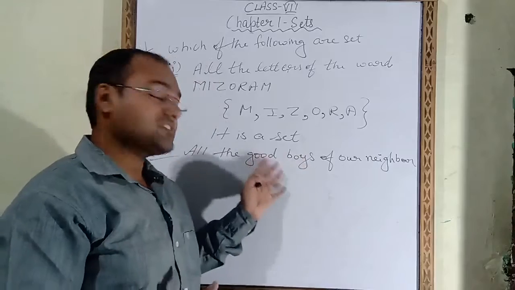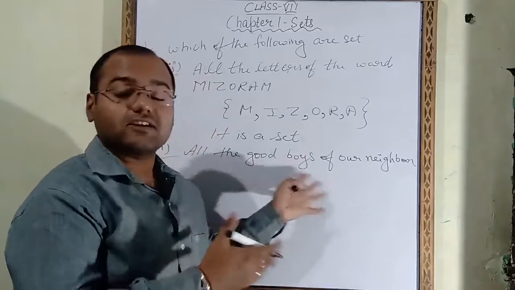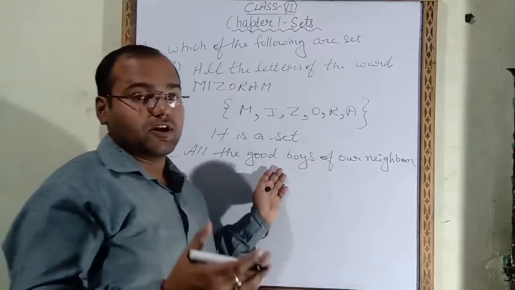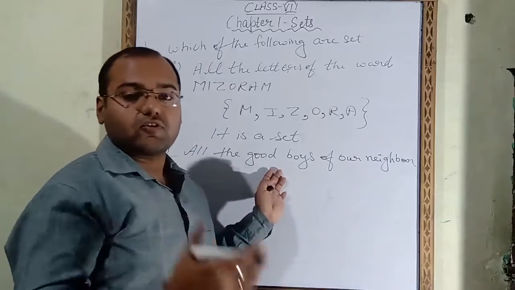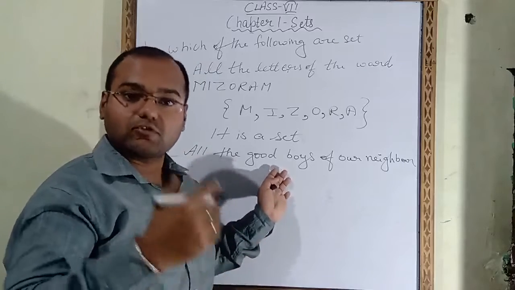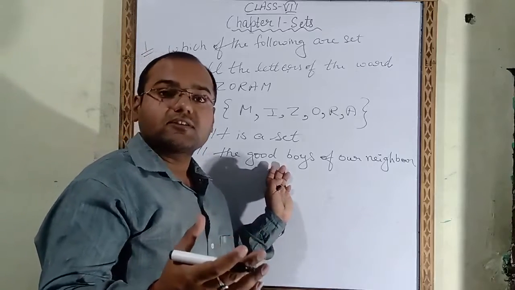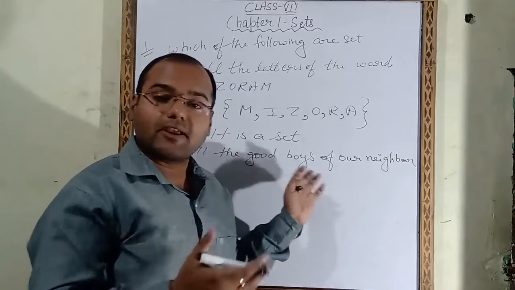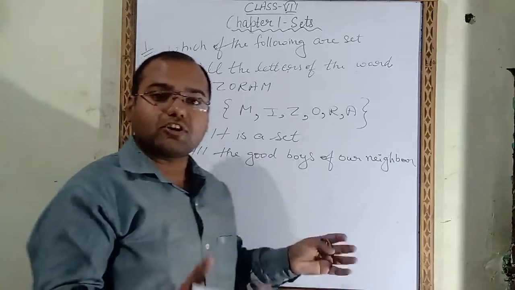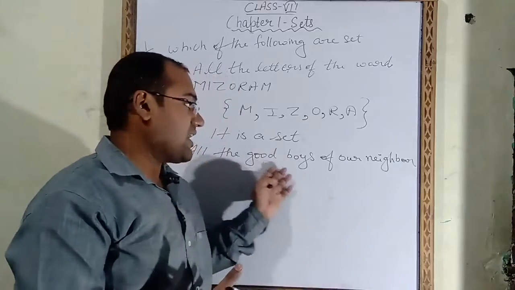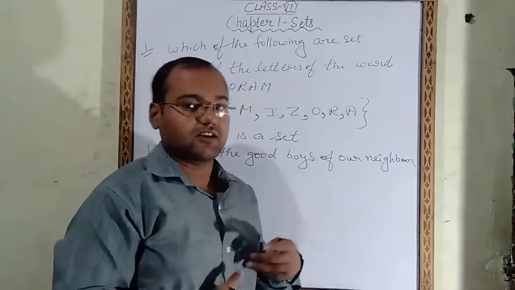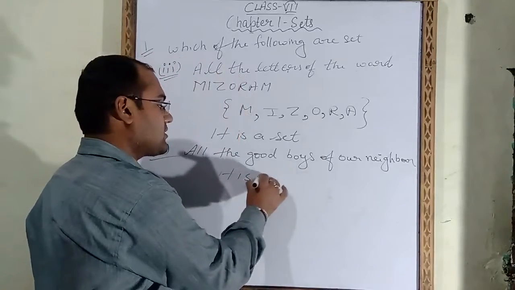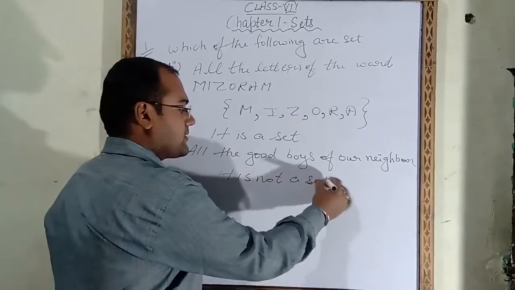In which property he is saying? We will not be able to decide. Either few of the boys are good in sports, most of the boys are good in dance, most of the boys like music, most are good in studies. So which category is he asking? He had not mentioned it in this question, so we will not be able to decide which elements should be there in this set. Since we are unable to decide it, we will call it not a set.